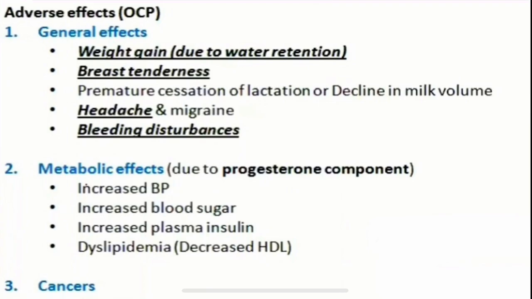So remember, OCPs in cases of lactation will produce premature cessation of milk production, or a decline in the milk volume. The quantity of milk secretion will be reduced. Then headache, migraine, and bleeding disturbances. These are the general effects.